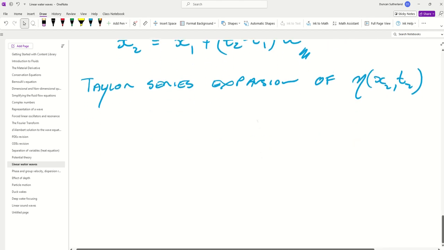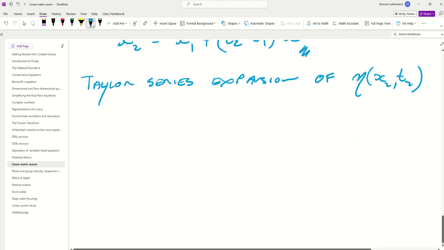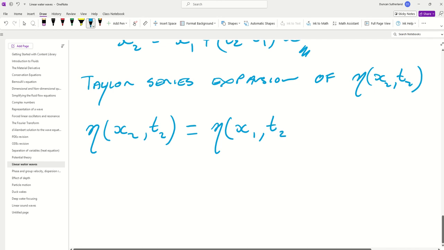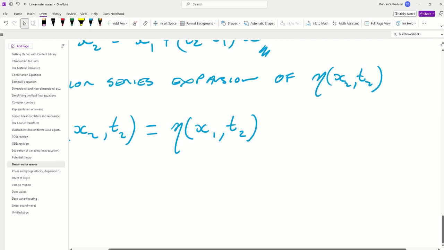So it's the same ones you would have seen in first year, and it's very straightforward. So we get eta x2 t2 is approximately equal, or it's actually exactly equal. But I'm going to make my approximation in the next step. eta x1 t2, right? The time doesn't change, right? We're not mucking around in time.